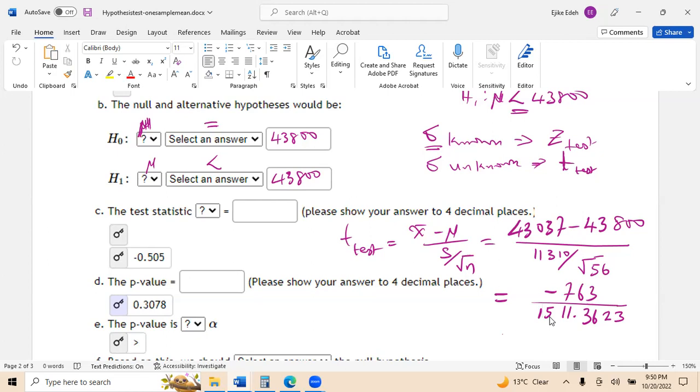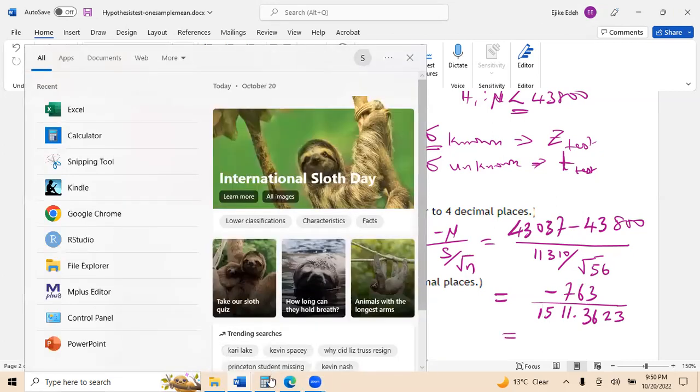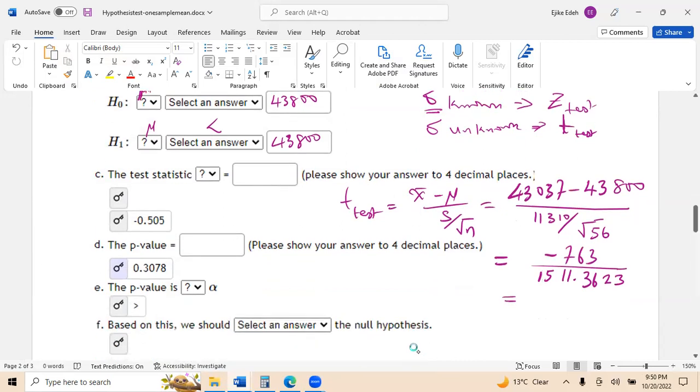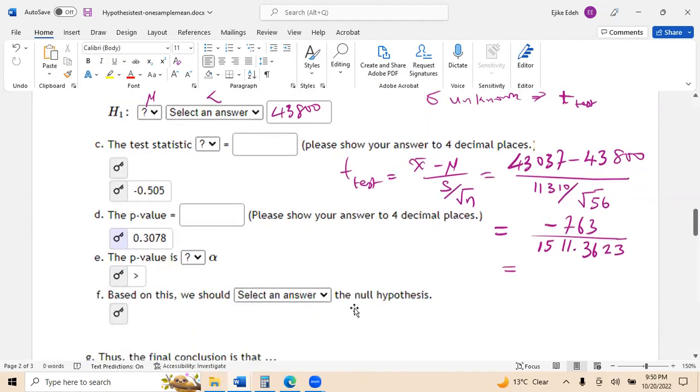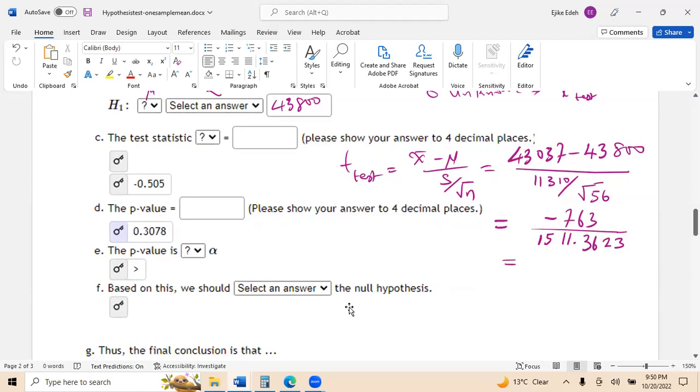If you divide this up, you get your test statistic. Hope our work is correct. Just a moment.